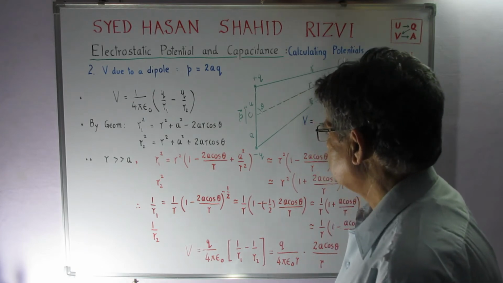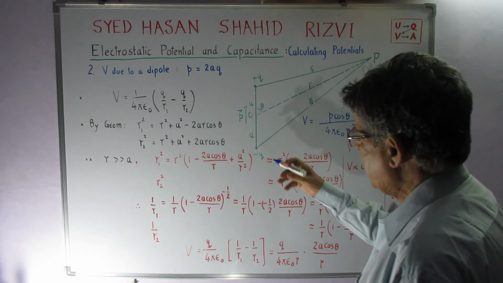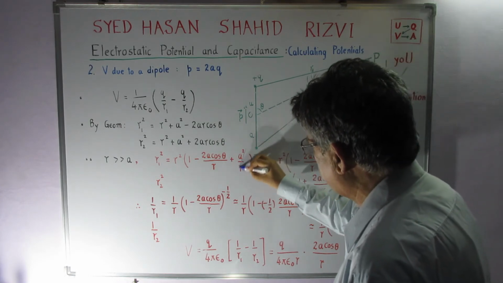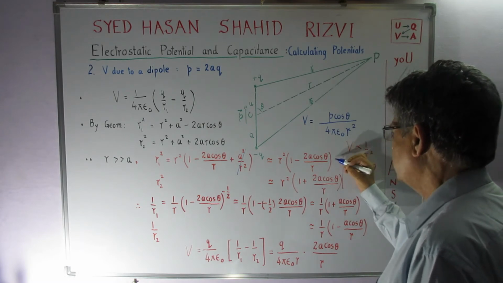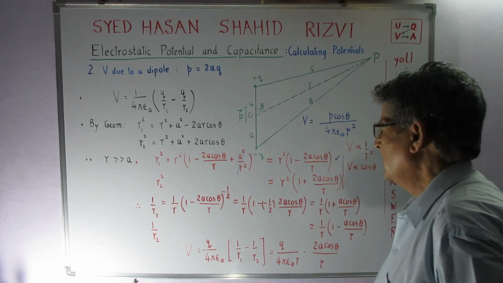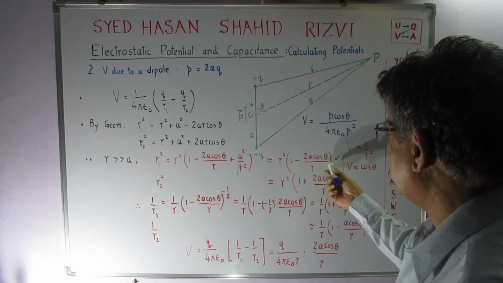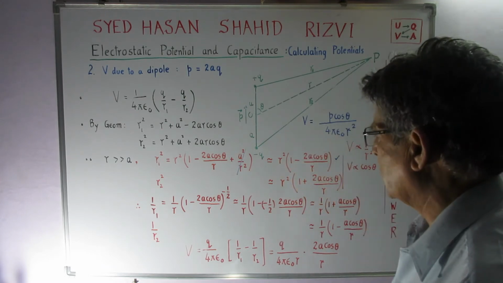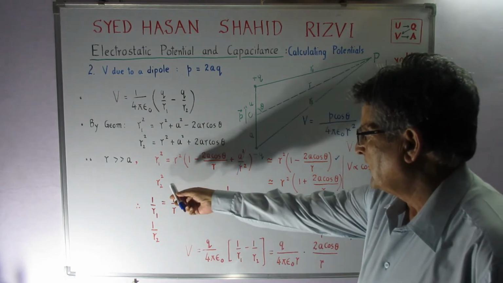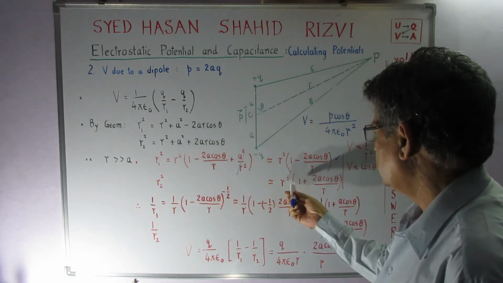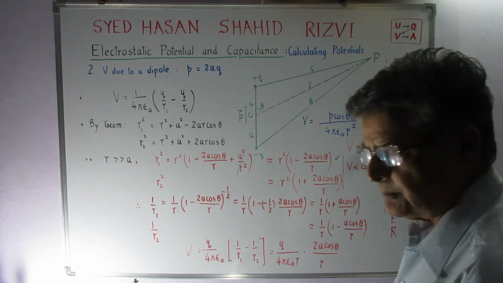Now this a square upon r square I can take as approximately equal to 0, and therefore we are left with r1 square equal to r square times 1 minus 2a cos theta upon r. With a similar argument for r2 square, I get r square times 1 plus 2a cos theta upon r.